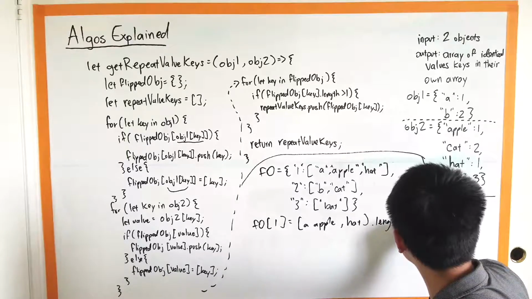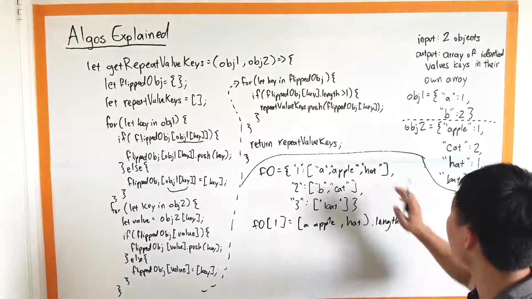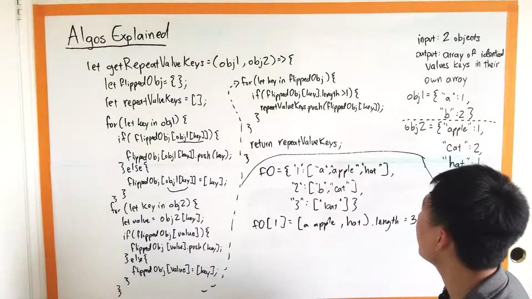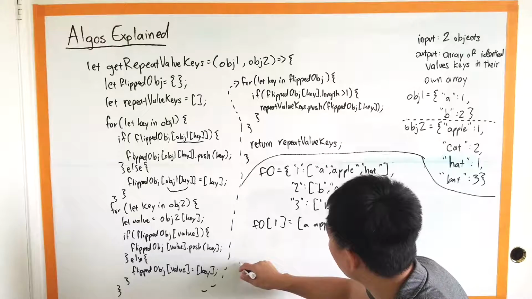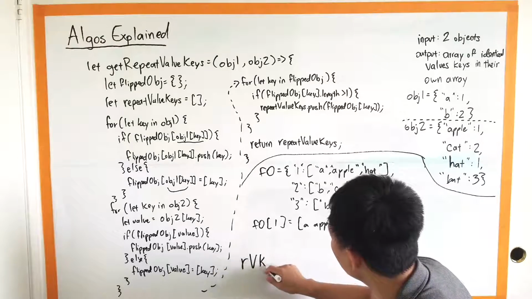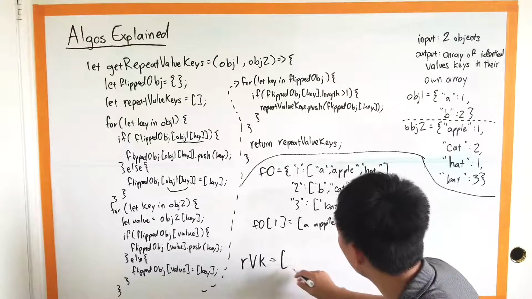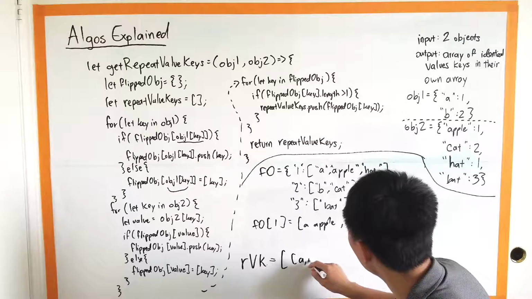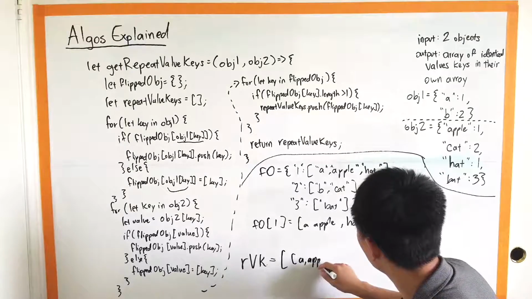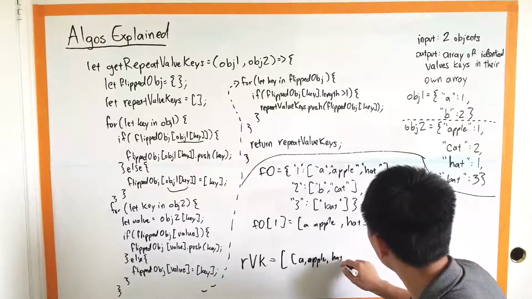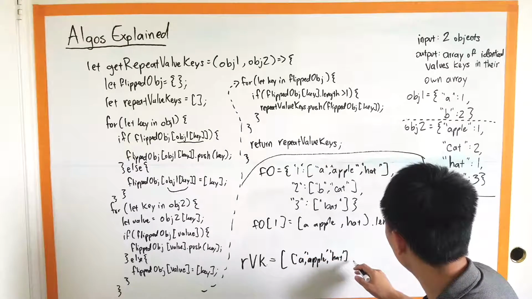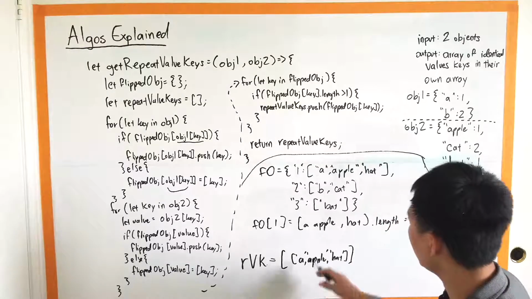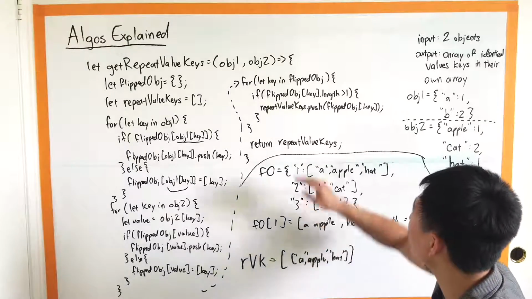Length is 3. It definitely is greater than 1. And so it'll push into our repeat value keys, which is an array, and we're going to throw into there this array, apple and hat. Let's put some quotations there. And for now, it only has that. And now we're going to go to the next one.